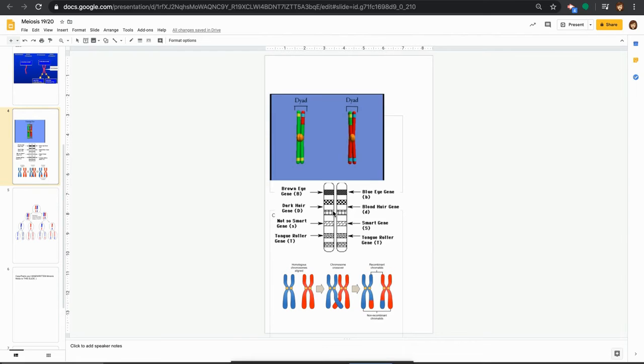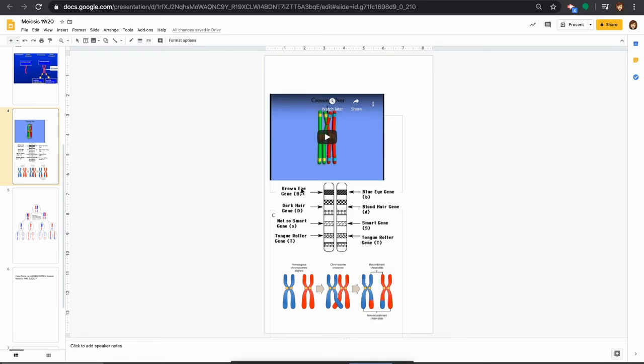All right, so let's say this right here would be like a replicated version of different homologous chromosomes. Look, you have brown eyes and dark hair, not so smart, and a tongue roller. And the paternal side is a tongue roller, smart, blonde, blue eyes. If crossing over did not exist, blue eyes would always have to be associated with blonde hair, being smart, and rolling your tongue.